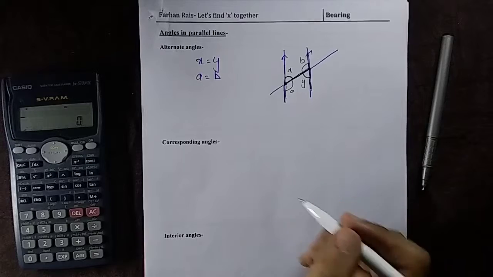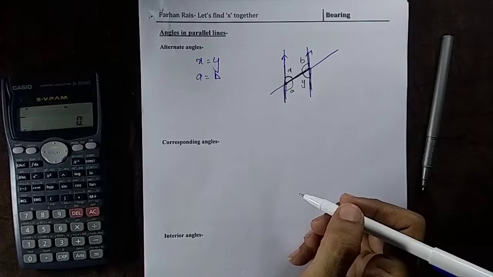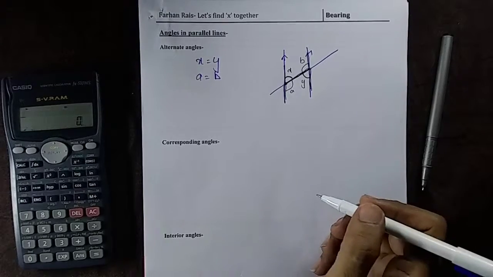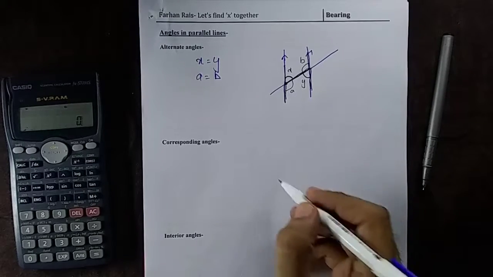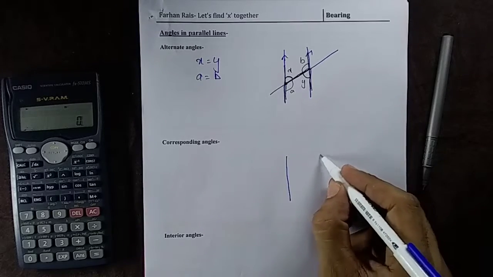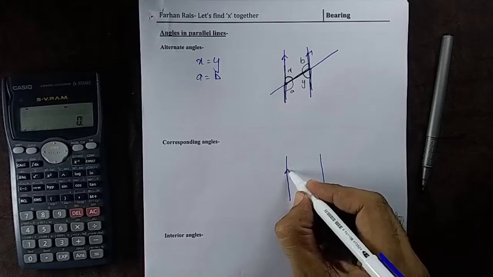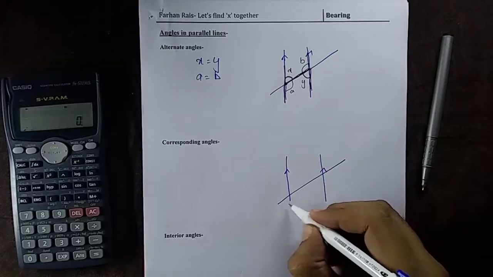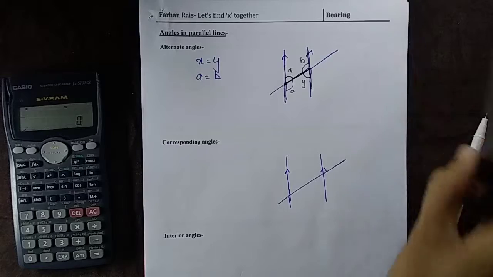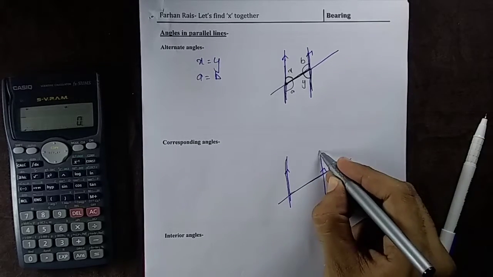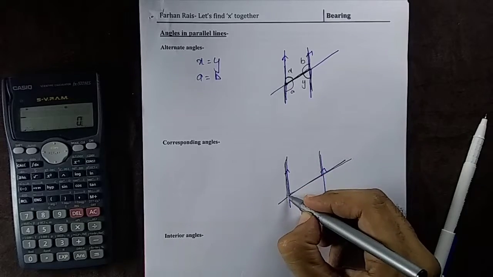Second property we have is of the corresponding angles, and in case of corresponding angles we have to look for the letter F. Now what letter F means is, again there are two parallel lines in the same direction and any third line cuts them. So here you can look for the letter F. This is the letter F being formed.